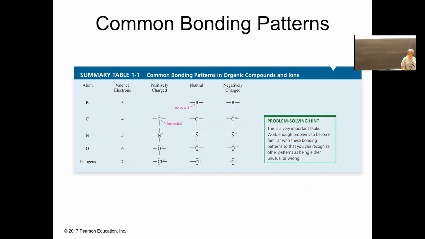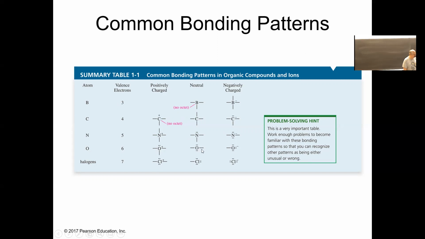This is pretty close to where we left off last time. One of the things we can look at is to notice common bonding patterns. For neutral atoms, boron will have 3 bonds and no lone pairs. Carbon will have 4 bonds. Nitrogen has 3 bonding and 1 non-bonding.